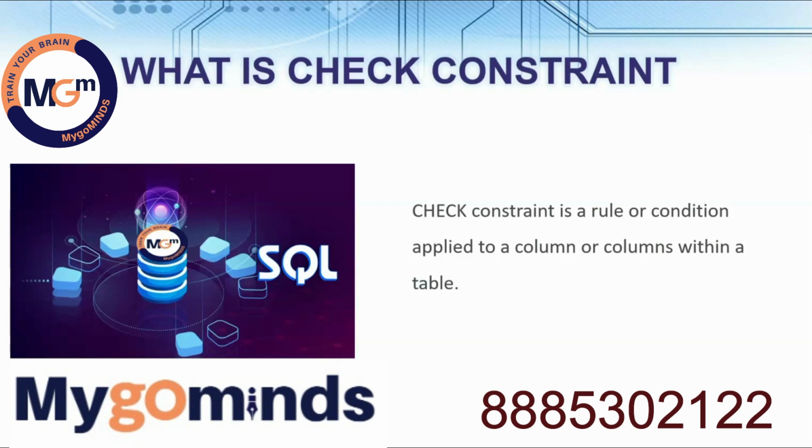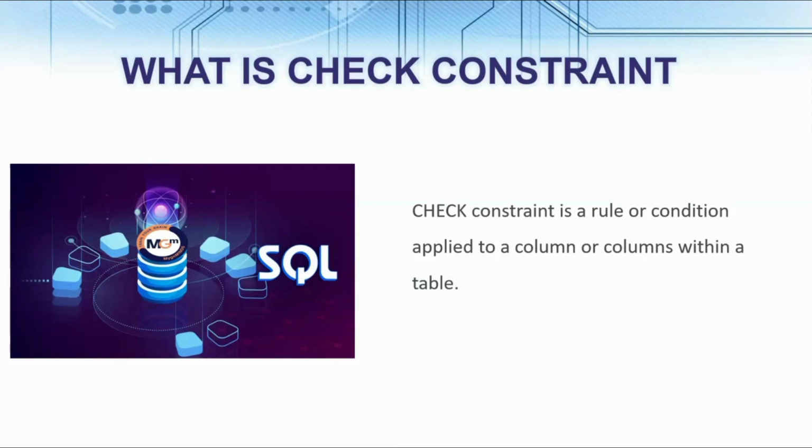If you want to enter the salaries which are above 1 lakh, then the data inserted is valid only when the salary column has values greater than 1 lakh. The other invalid values, that is, which are less than 1 lakh, will not be inserted. Even if we try to insert it, an error is shown that the check constraint is not satisfied.